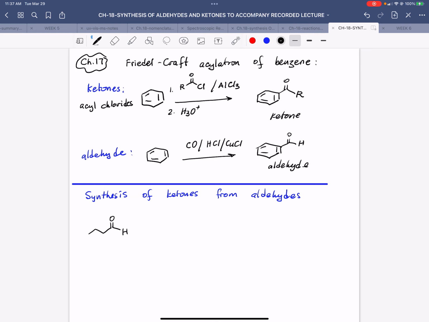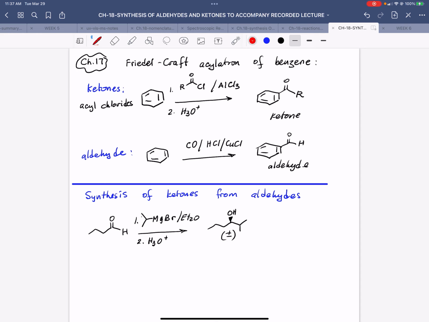If you have an aldehyde, you can first react your aldehyde with Grignard reagent in diethyl ether. Of course, you can substitute your Grignard reagent with organometallic lithium, doesn't really matter. Second step, dilute acid to form an alcohol. We will form a racemic mixture of enantiomeric alcohols.